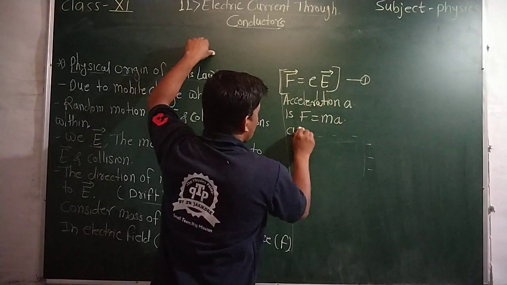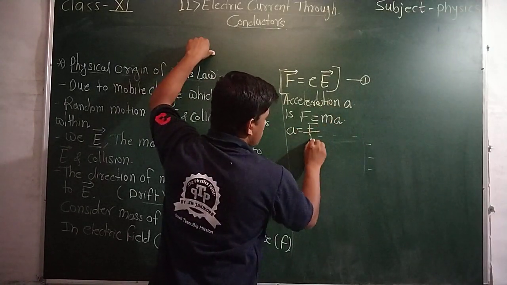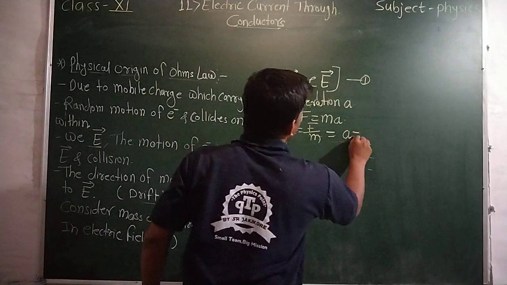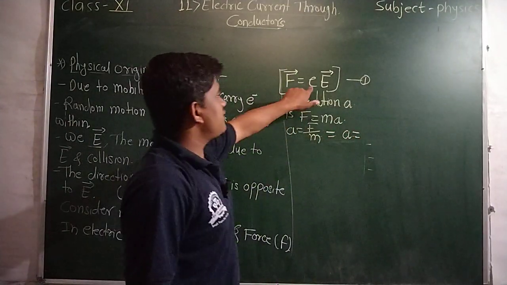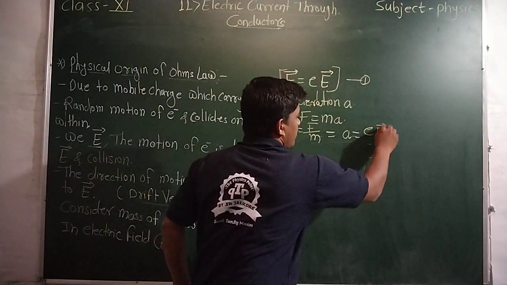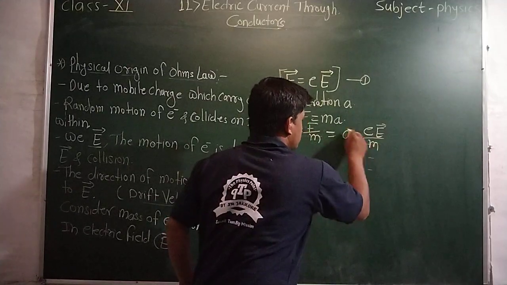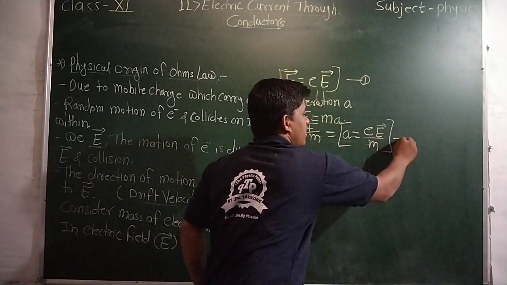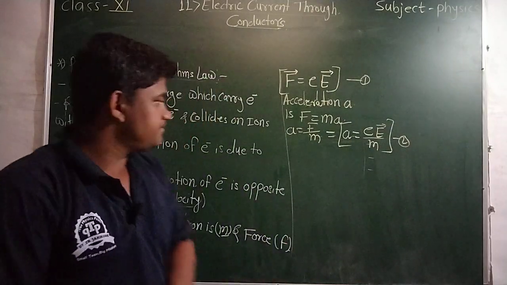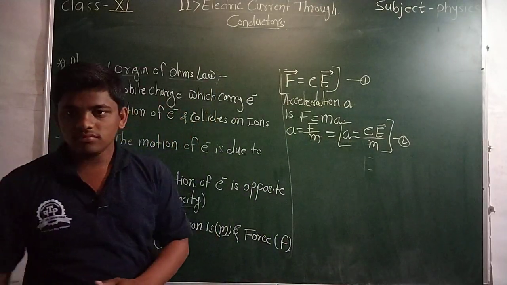Then a is equal to F divided by m. Then acceleration a is equal to e into E divided by the mass of the electron, m. This is another useful formula in these lectures.